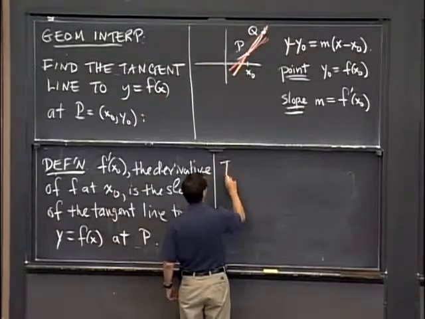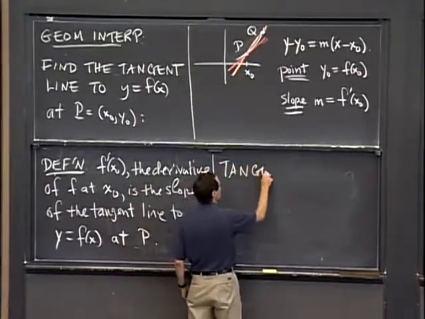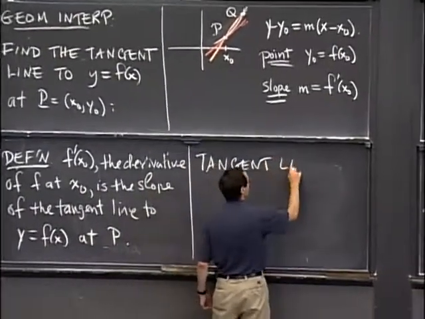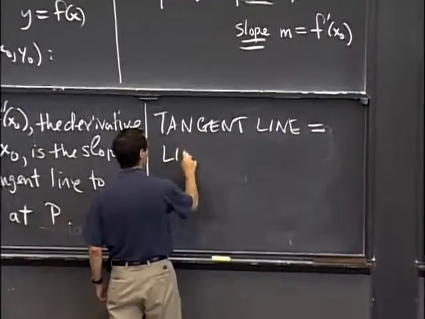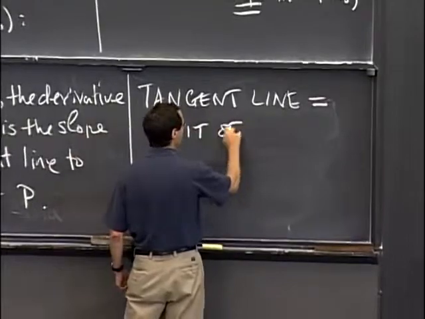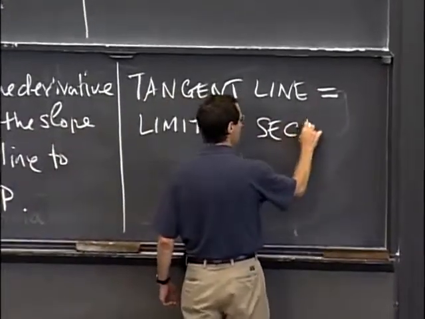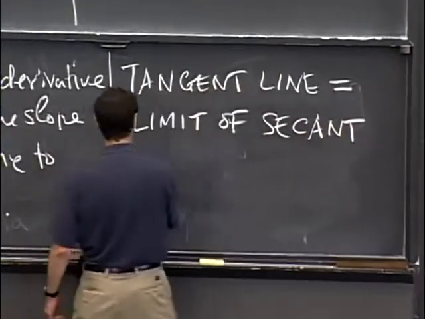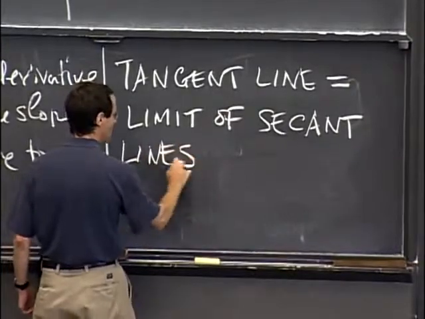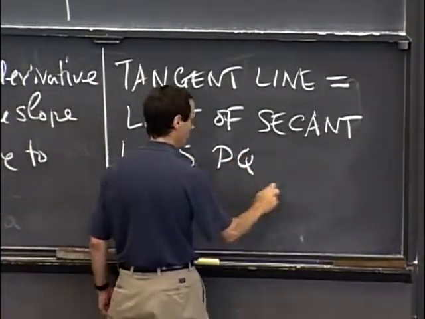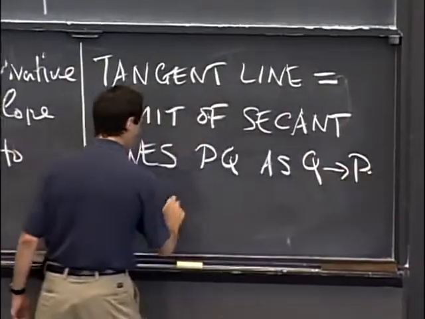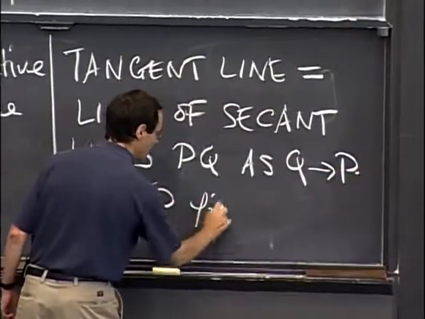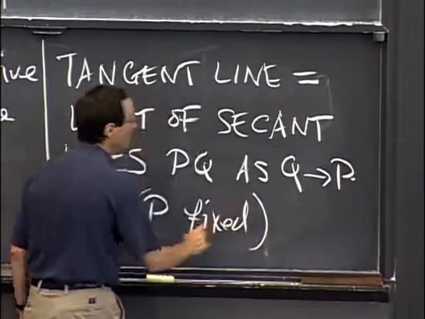So the tangent line is equal to the limit of the so-called secant lines, PQ, as Q tends to P. And here we're thinking of P as being fixed and Q as varying.